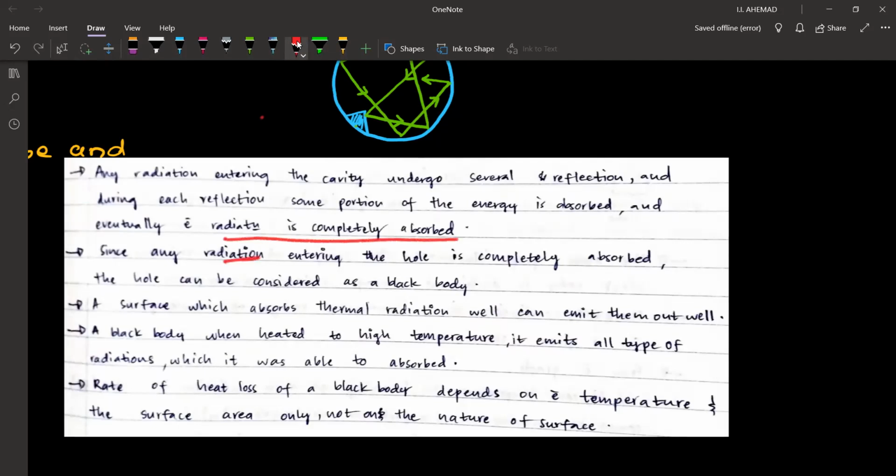Since any radiation entering the hole is completely absorbed, the hole can be considered as a black body. So the type of radiation doesn't matter at all. It will absorb any. A surface which absorbs thermal radiation well can emit them out well. Write these 3 points also. I will explain them.